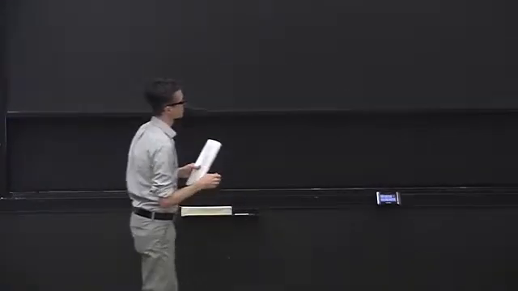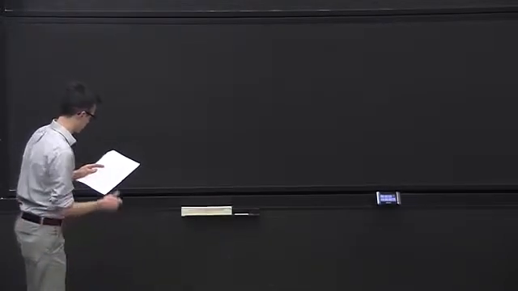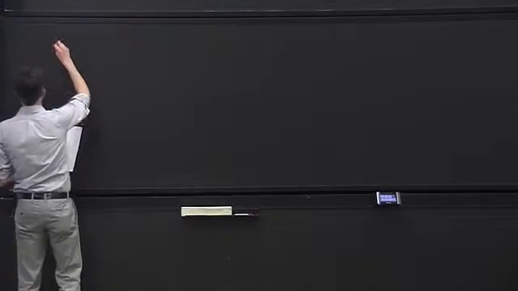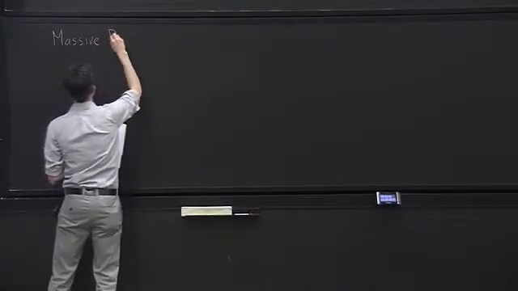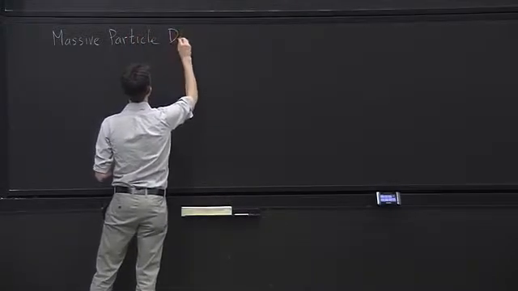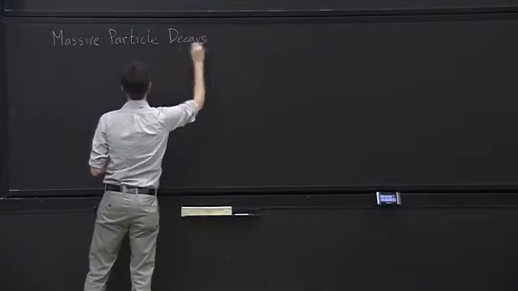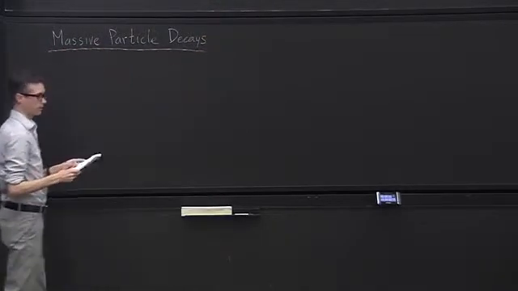I want to move on next to a slightly different scenario of non-thermal dark matter production, and that is from massive particle decays. So this is another way to get dark matter.